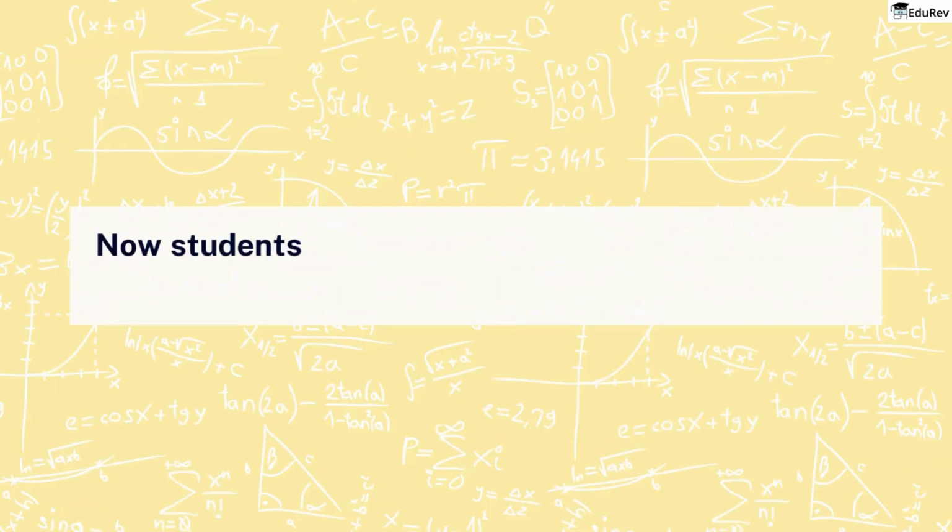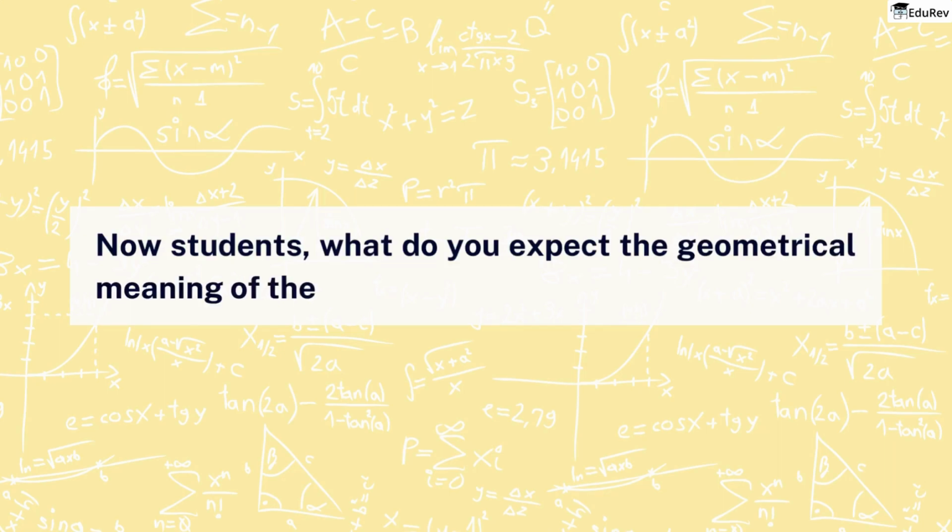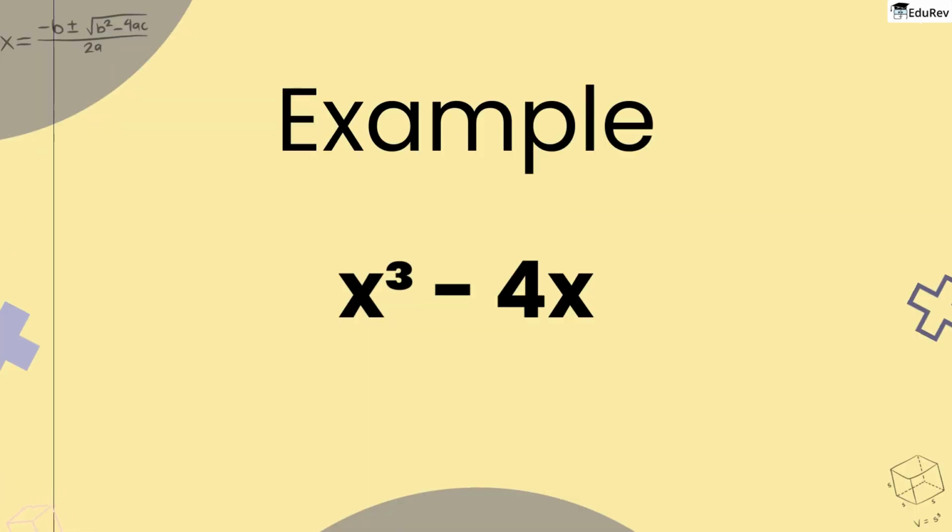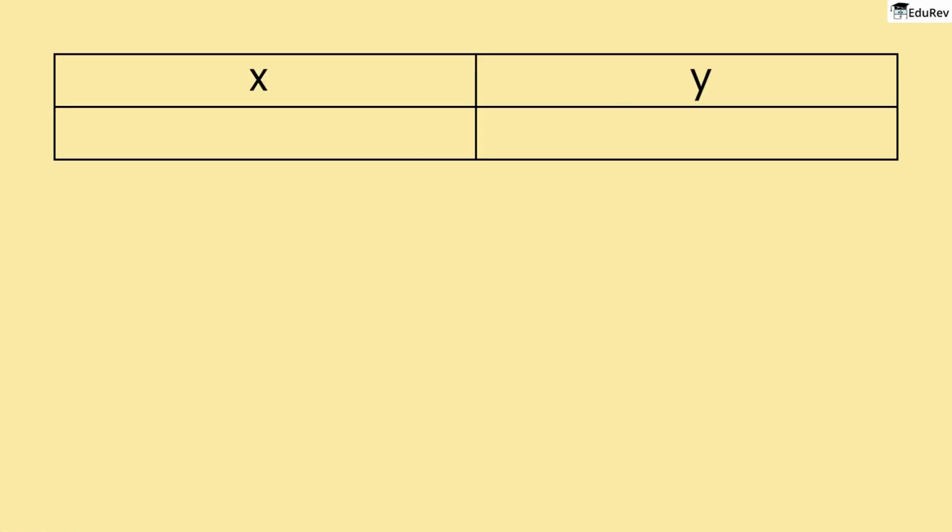Now students, what do you expect the geometrical meaning of the zeros of a cubic polynomial to be? Let us find out. Consider a cubic polynomial x cubed minus 4x. We shall list a few values of y corresponding to a few values of x that we assume.